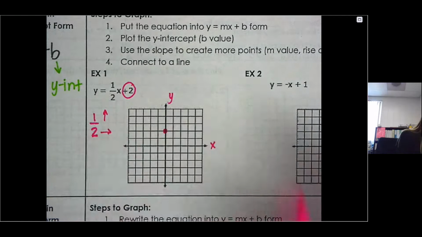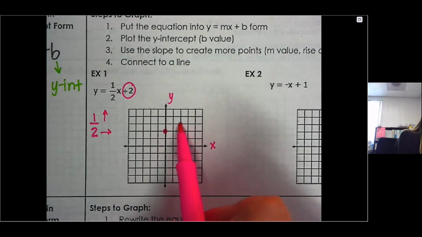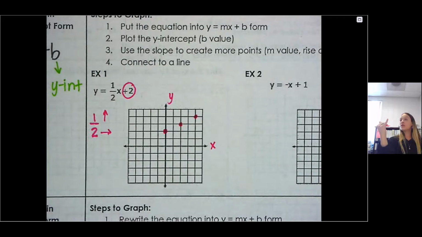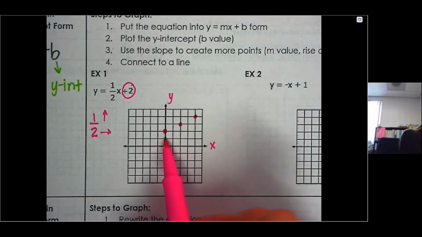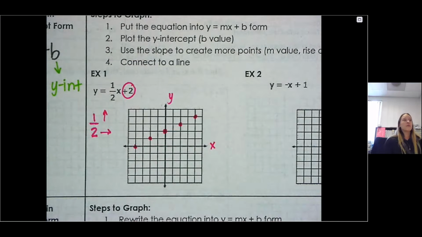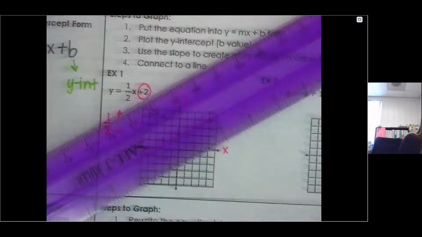Up 1 over 2. And if I wanted to reverse it, down 1 to the left 2, because over could mean many things. I don't know if over means to the right or to the left. Then take your ruler and connect that line.